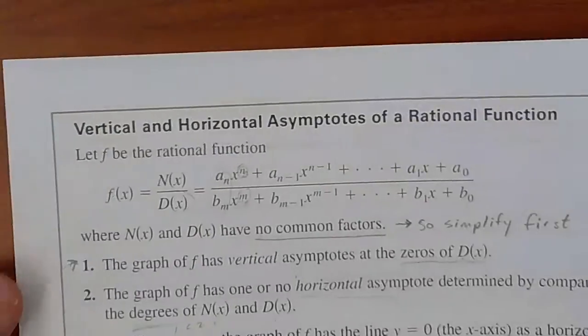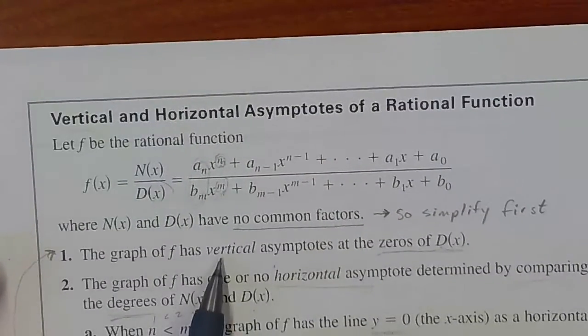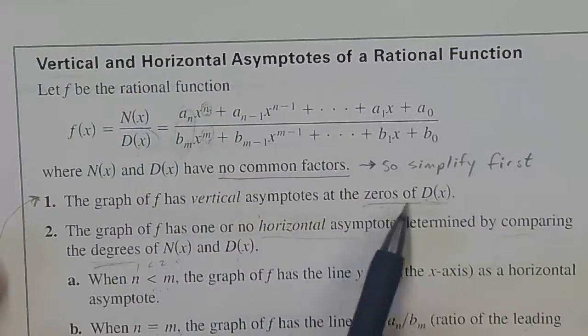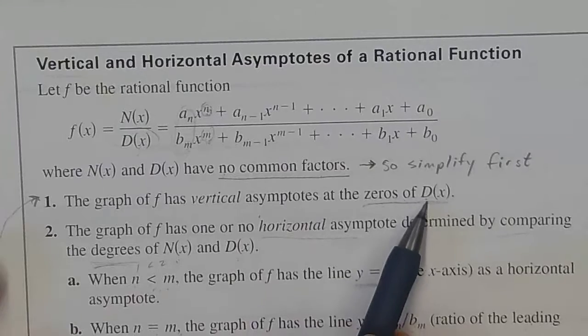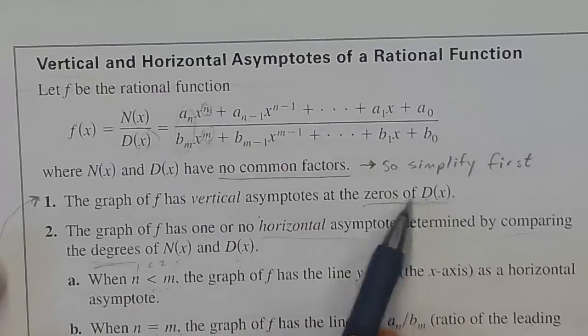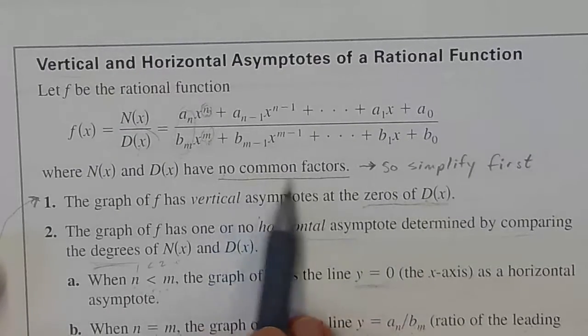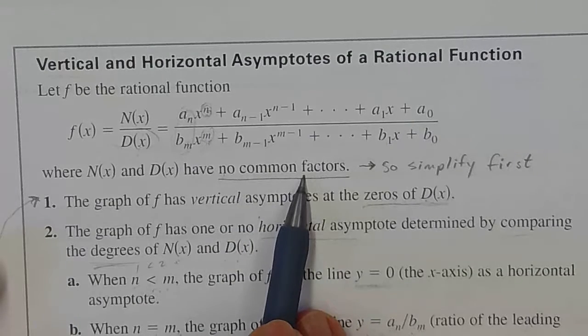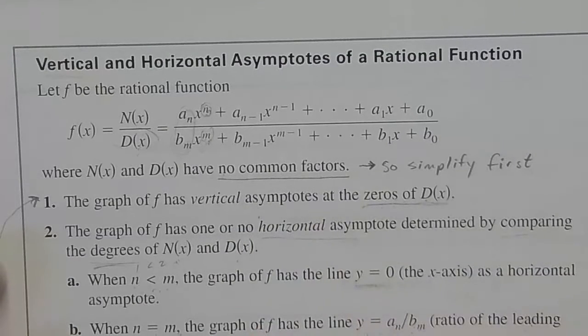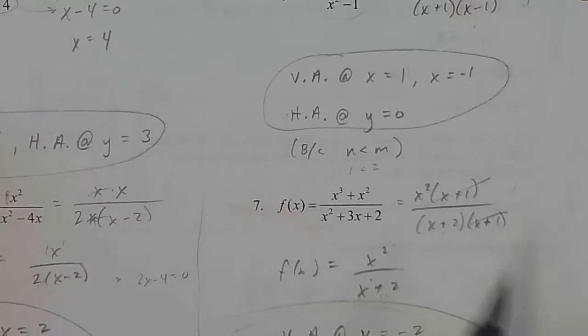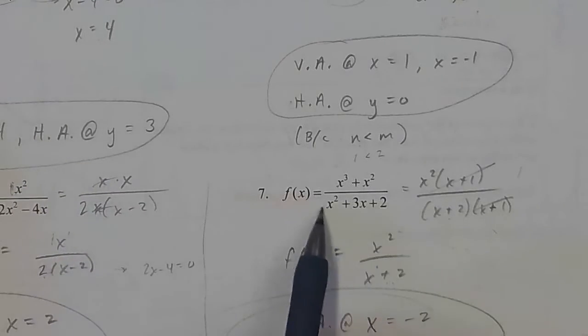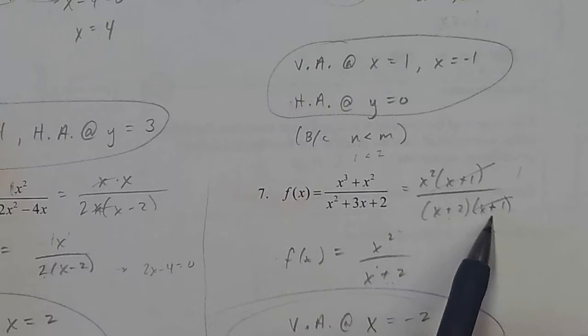All right, so quick review here, how we find vertical and horizontal asymptotes. Vertical asymptotes are the zeros of d of x, which they're calling the denominator. However, you got to make sure you simplify out the common factors first. Okay, so let's quickly look at number 7, for example. To find the VAs, I can't just jump to the zeros of the denominator, where I'd have 2, a -2 and -1.